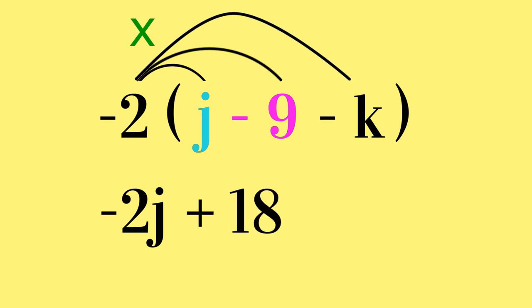Lastly, we have negative 2 multiplied by negative k. Again, as both of these terms are negative, the answer will be positive. So we get the answer of positive 2k. So this gives us the final expression of -2j + 18 + 2k.